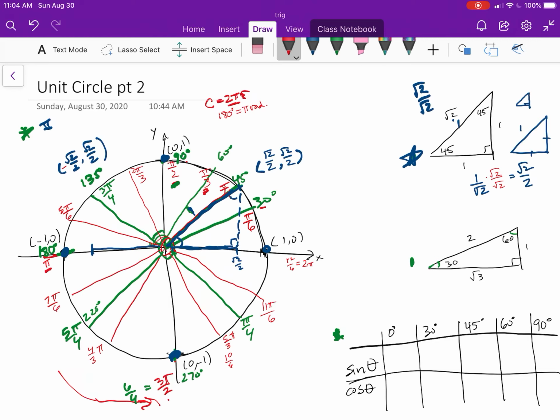Think about quadrant 3 here. Right now, I'm right here because I'm at the fourth, right? 5 pi over 4. It's still, again, square root of 2 over 2. But in quadrant 3, everything is negative. X is negative, y is negative. I went back square root of 2 over 2, and I went down square root of 2 over 2. They're both negative.